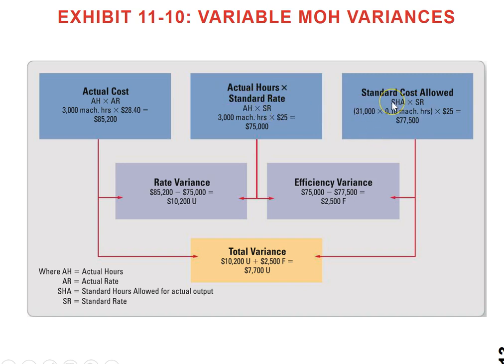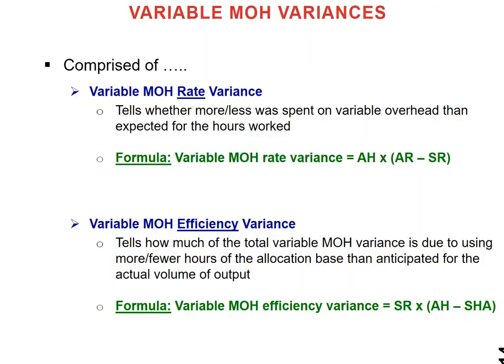The hours define the efficiency of your machines or the labor force, so the difference is known as the efficiency variance. So it is exactly like the direct labor variance boxes. Now you can also express those in terms of formulas.